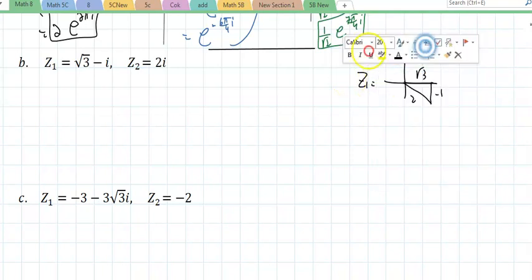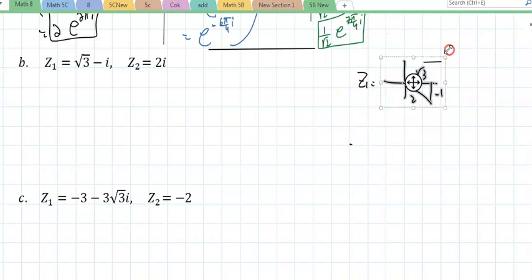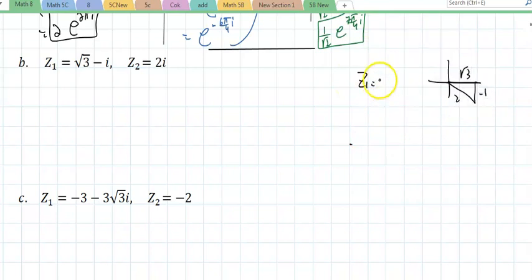I'm getting z1 to equal 2 e to the... And what's the reference angle? Tan of theta equals 1 over radical 3, 30 degrees, pi over 6. What's pi over 6 in the fourth quadrant? 11 pi over 6. Got it.